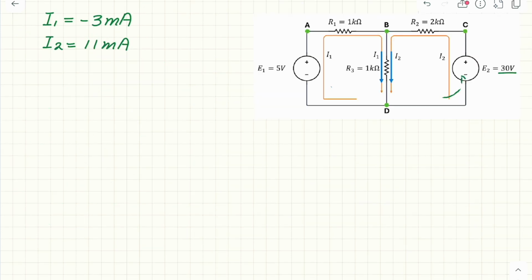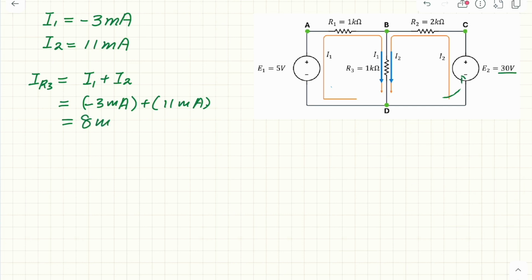Now we want to calculate the actual current passing through resistor R3. So we call this IR3. On the circuit diagram, you can see it is equal to I1 plus I2. And I1 is minus 3 mA plus 11 mA. So the answer is 8 milliamp.